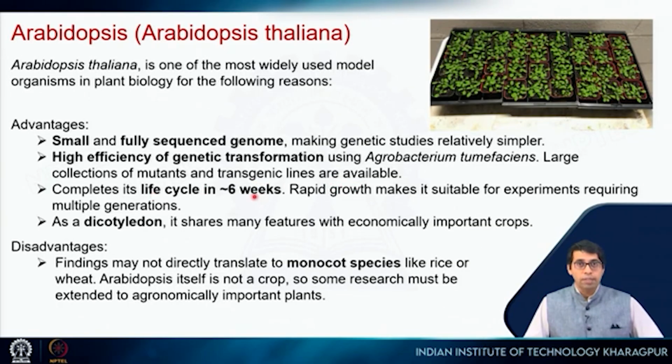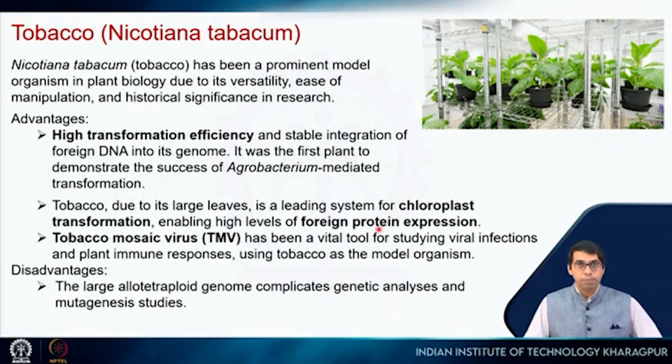Its complete life cycle is 6 weeks, which makes it a rapidly growing plant, very useful for experimentation. It is a dicotyledon, so it is a dicot, which means that it shares many features with economically important crops. However, findings in this dicot plant may not directly translate to monocot species like rice or wheat, which means that for studying rice or wheat, we have to use model plants from those particular species.